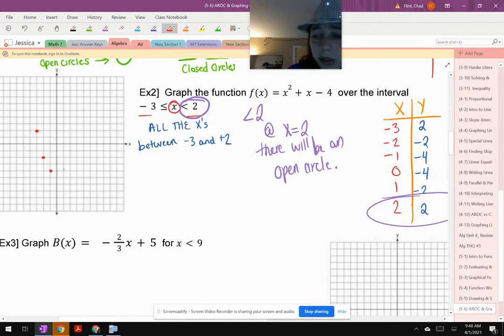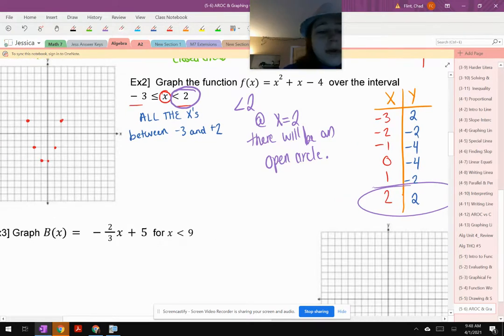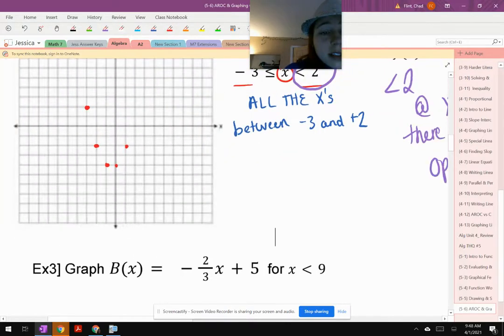And again, just go slow. 0, -4. 1, -2. And 2, +2. Oh, see, already, it's really, really easy to forget that at that 2, +2, I need to have an open circle, not a closed circle. And that's what an open circle looks like.